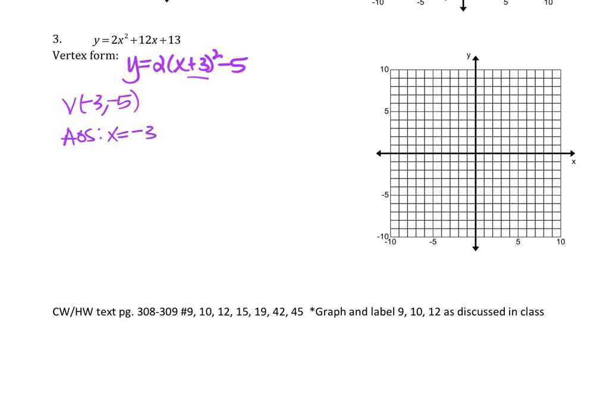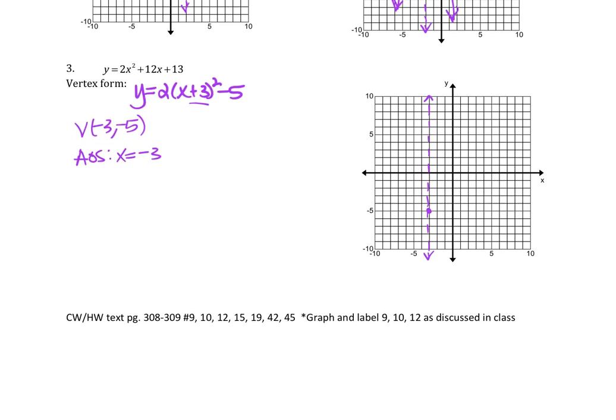So let me graph that. -3, -5, and axis of symmetry at x equals -3. So we have, again, standard form, so that tells me my y-intercept without having to solve for anything. So 0, 13. So that's going to go off a little bit, but I'll mark way up there.